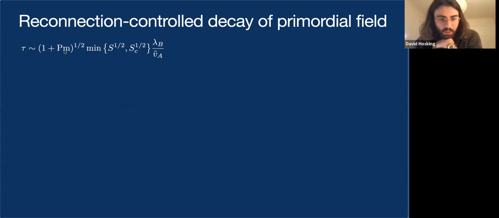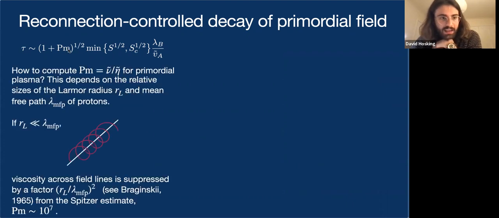Now there is one last physics subtlety here, which is how one computes the Prandtl number for the primordial plasma. The question is what one takes for the viscosity, because there are two regimes within this plasma.